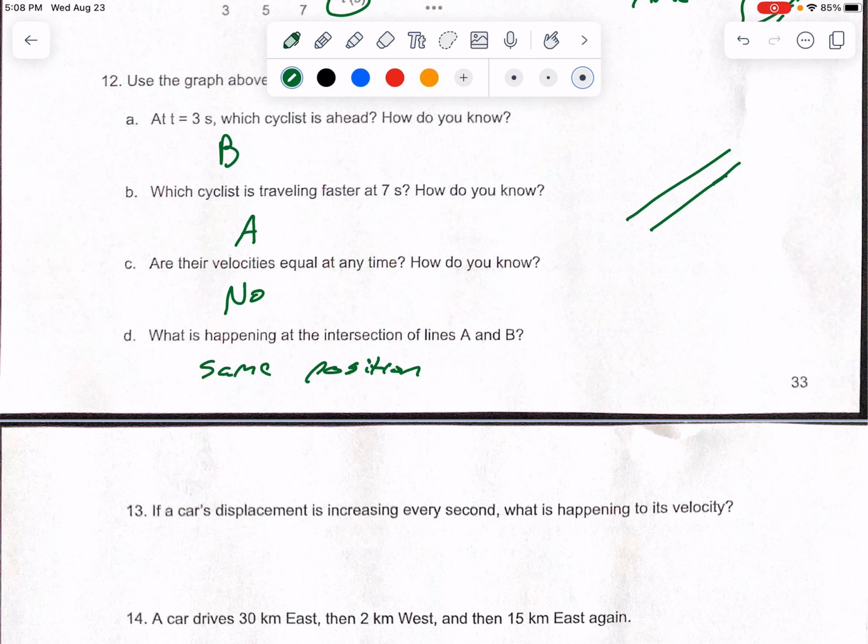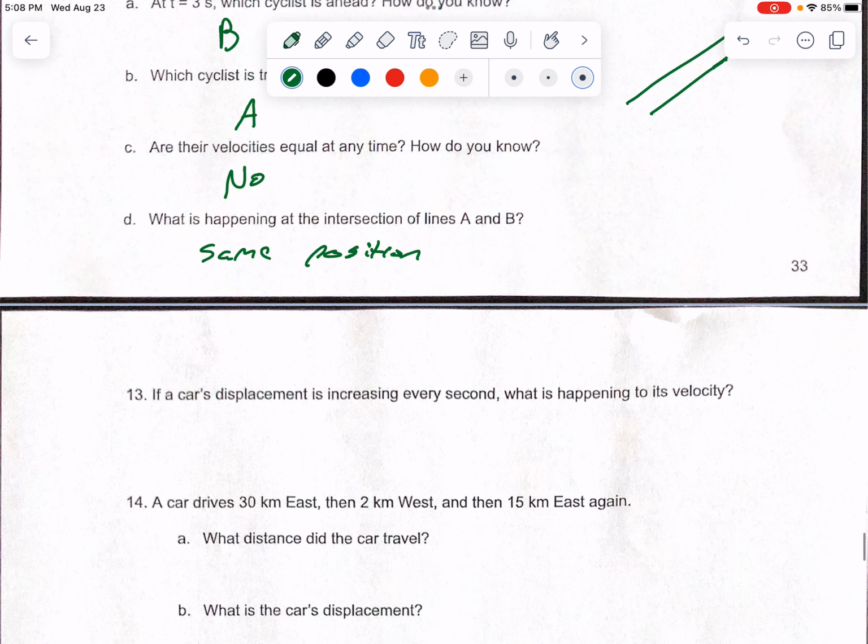And then 13, if a car's displacement is increasing every second, what is happening to its velocity? This one's been getting some confusion. If I said in 1 second I covered 5 meters, and then the next second, still 1 second, now you covered 6 meters, and then the next second you covered 7 meters, that's what I'm talking about when you're increasing displacement.